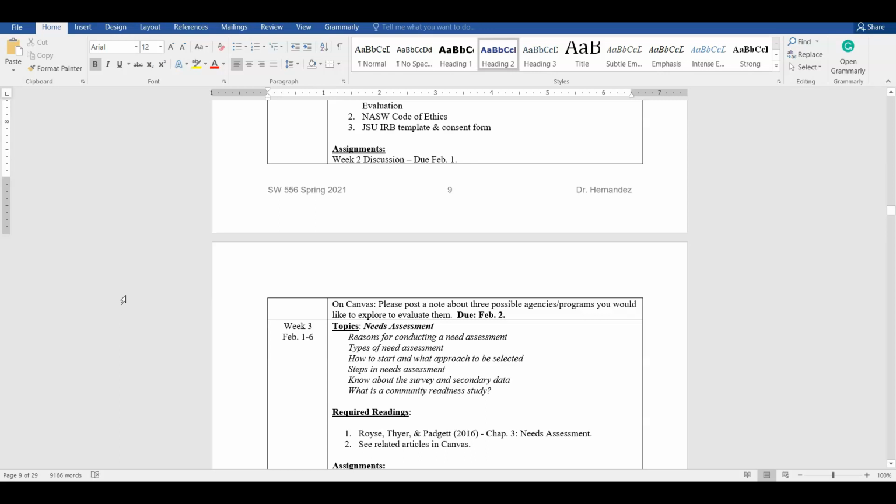Having said that, remember, in this class you're doing, step by step or phase by phase, pieces of your proposal, your evaluation proposal.